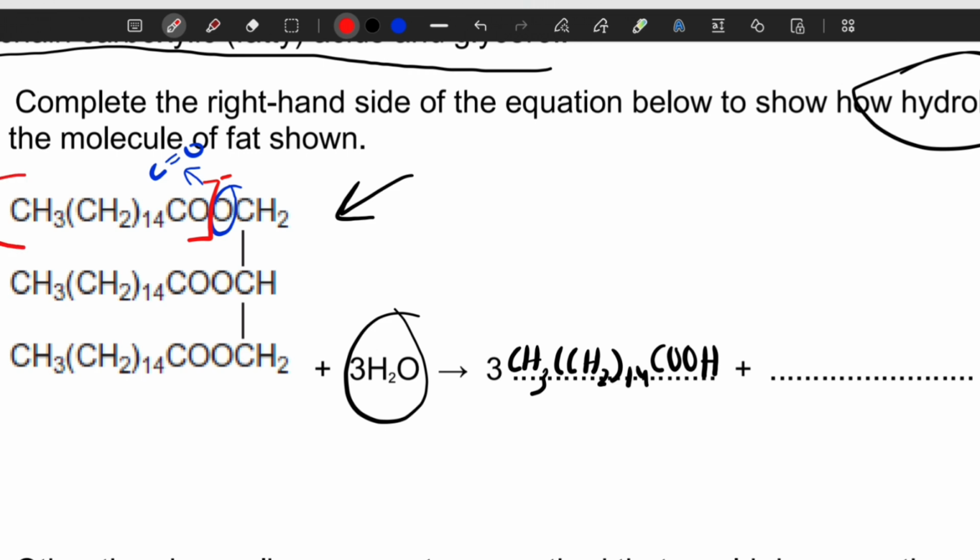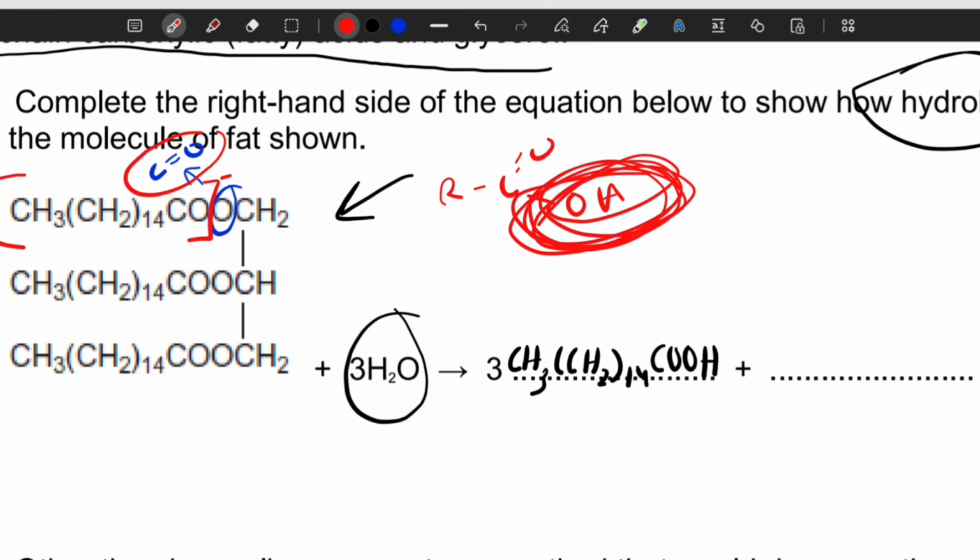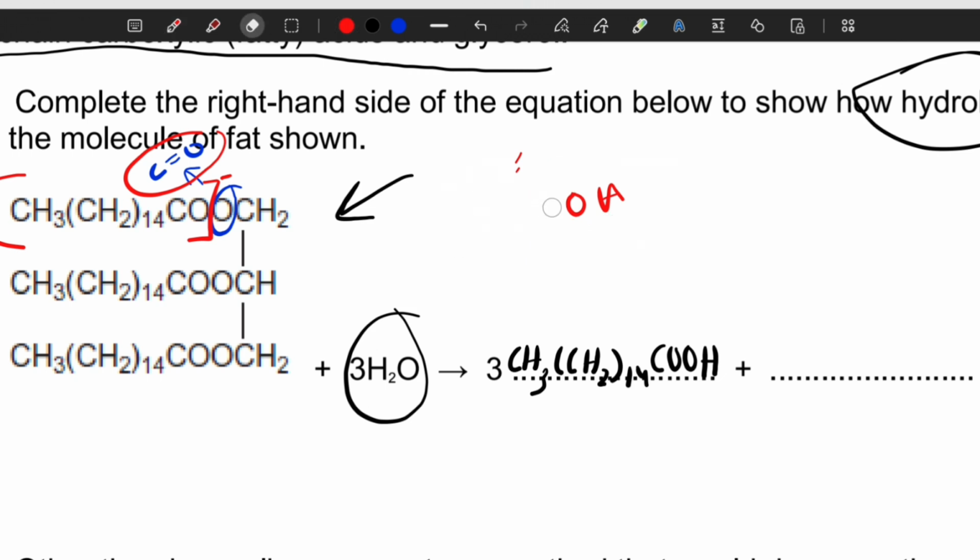So then it's going to be left with the C double bond O. And what is in a carboxylic acid? Remember? An OH. Remember the OH bond. Which is why there is an OH right there. And you just copy the rest of this molecule. So then we have our 3 carboxylic acids.